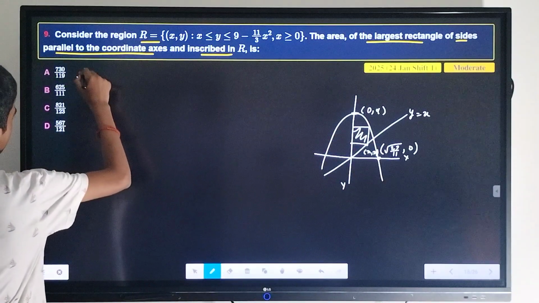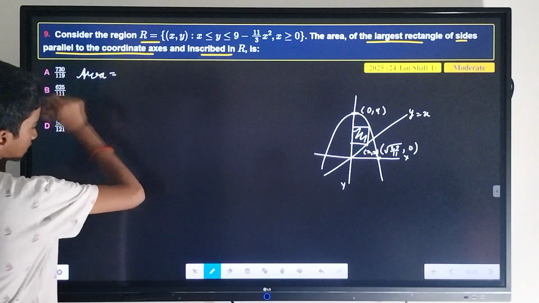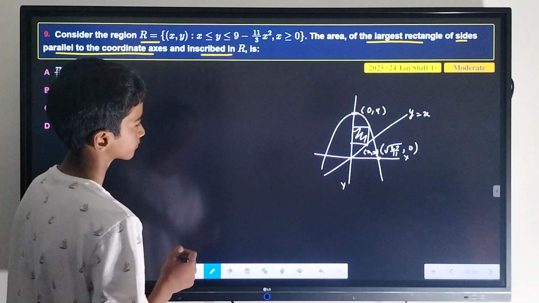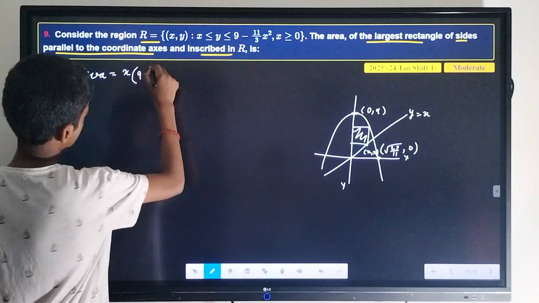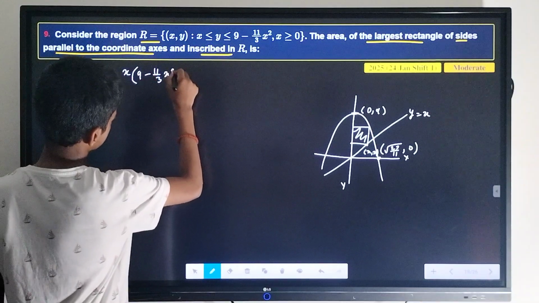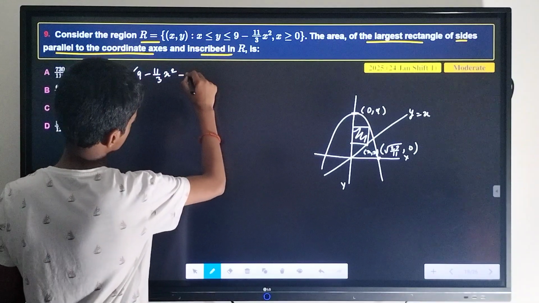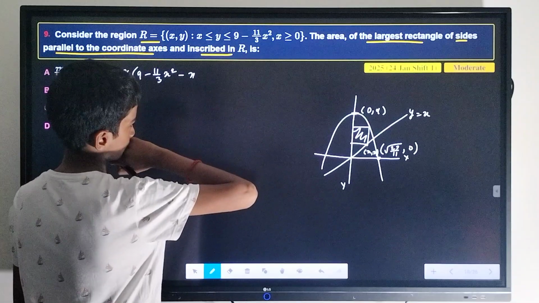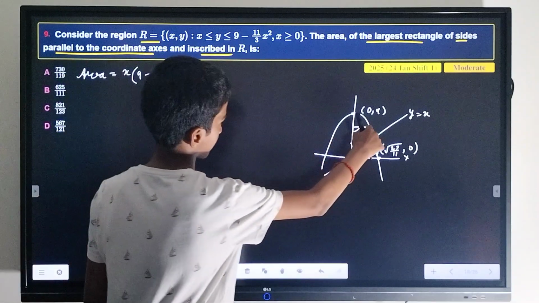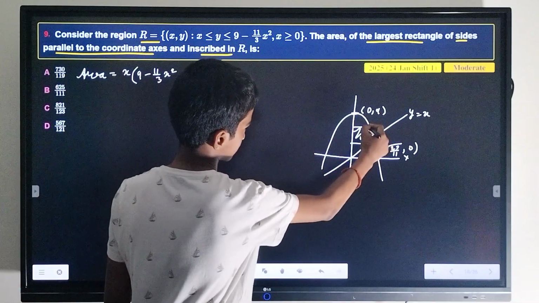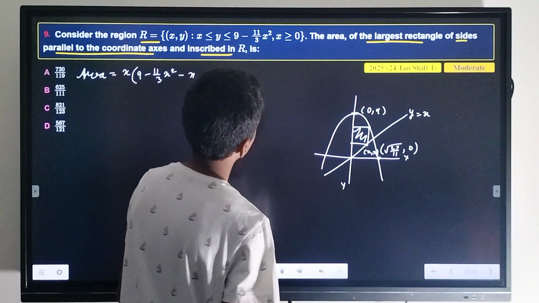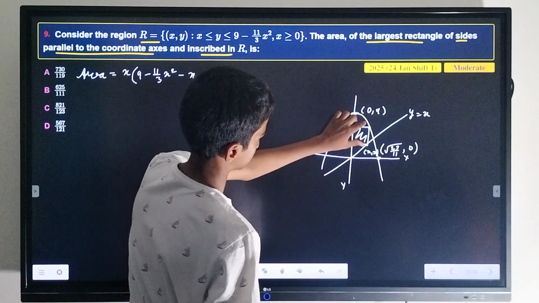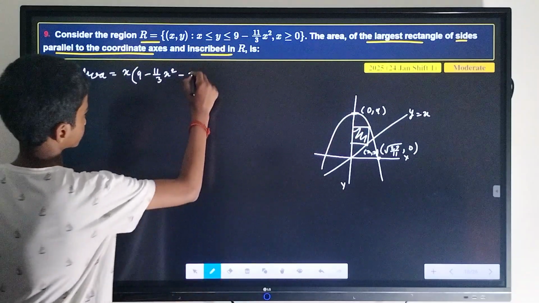So our area is equal to x into 9 minus 11 upon 3 x square minus x, because the y coordinate of this point, this is vertical, will be 9 minus 11 upon 3 x square, so this distance will be this.